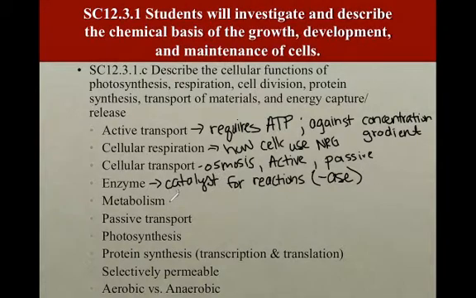Metabolism, that is all the reactions in the body. So using energy and also producing energy all go into the body's metabolism. Passive transport does not require ATP, and it goes with the concentration gradient, opposite of the active transport.